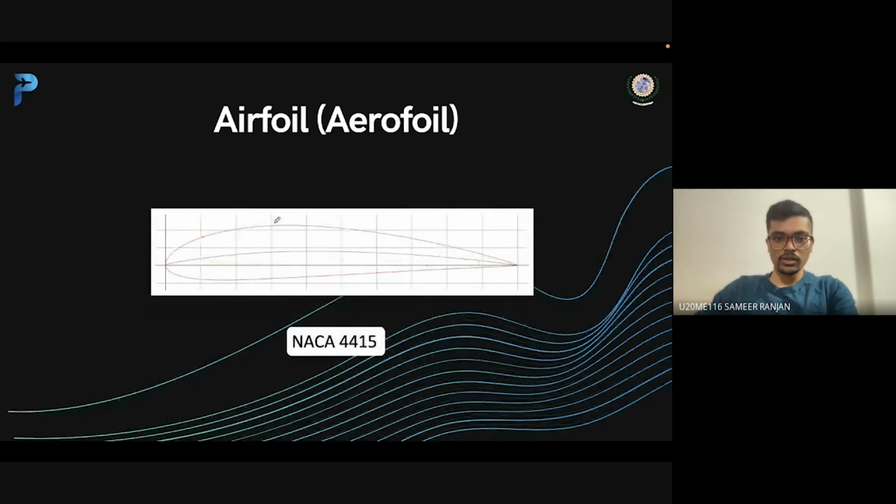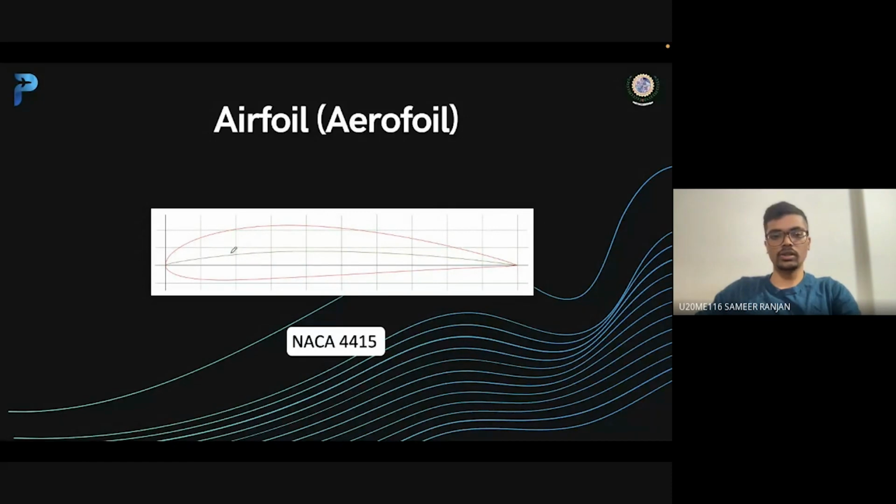Now as you can see, there is a curved portion upwards and a curved portion below. When you connect these 2 points from the upper and the lower surface and divide by 2, you'll get a set of points, and if you connect that set of points from the leading edge to the trailing edge, then you'll get one line which is called the camber line.